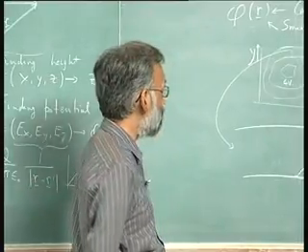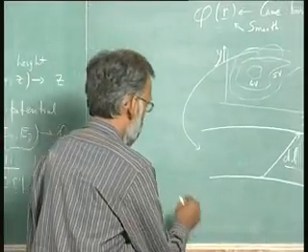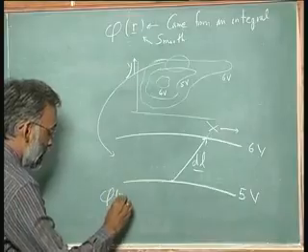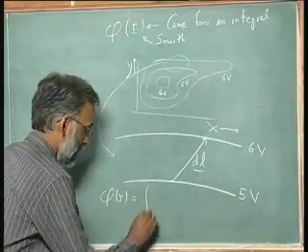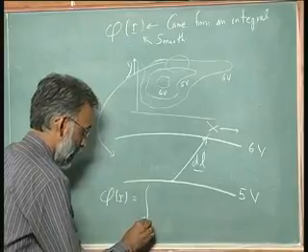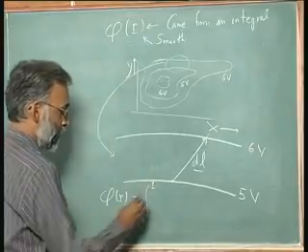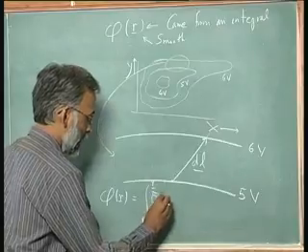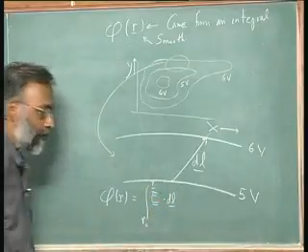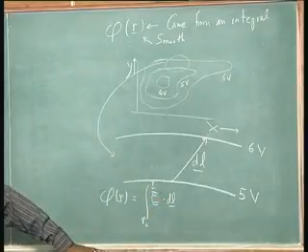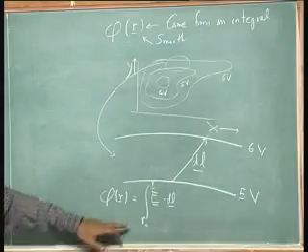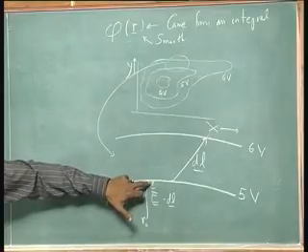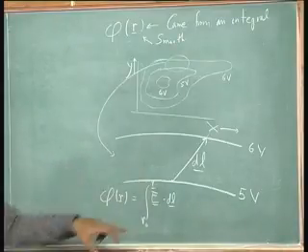However, we have a separate result. We know that phi of r, whether it is 5 volts or 6 volts, is equal to the integral from r naught to r of electric field dot dl. And it says it does not care how you got there. If you start at r naught and reach r, however you reach it, it is phi of r.